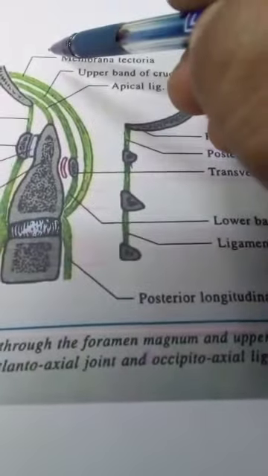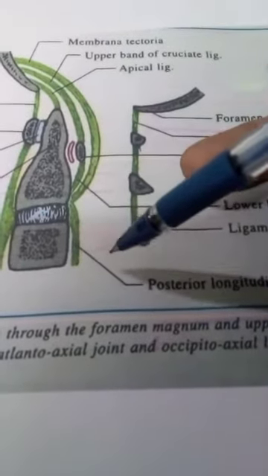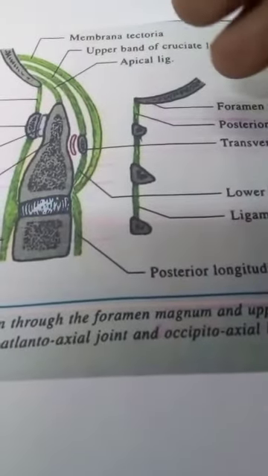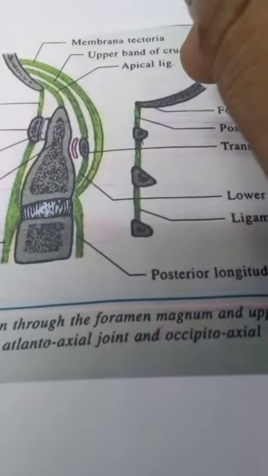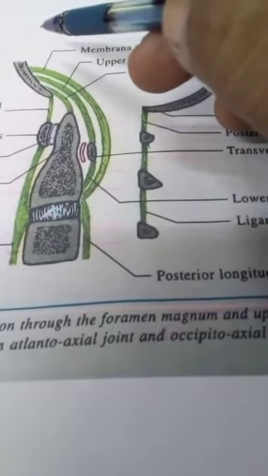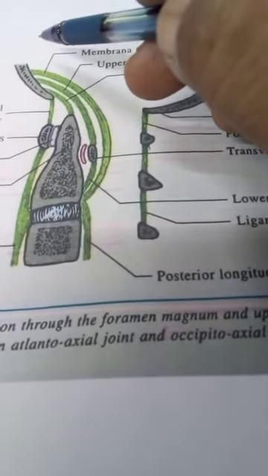Now we will talk about membrana tectoria. This one is the membrana tectoria. This is an upward continuation of the posterior longitudinal ligament. It is attached above to the occipital bone, just within the foramen magnum.